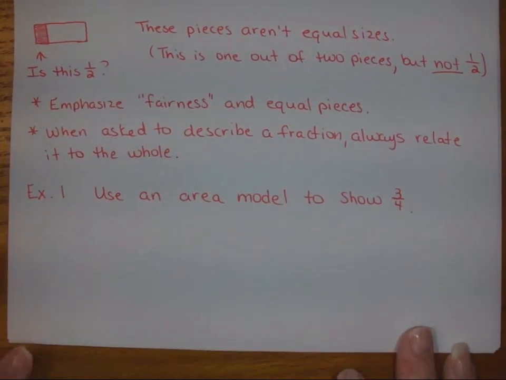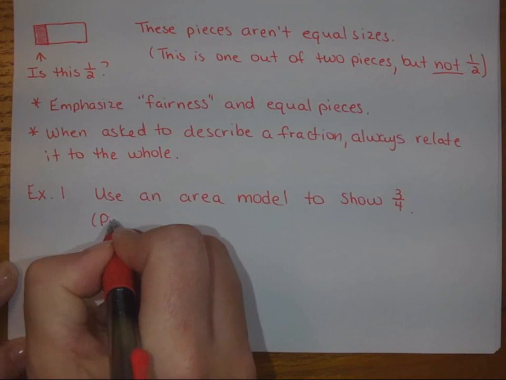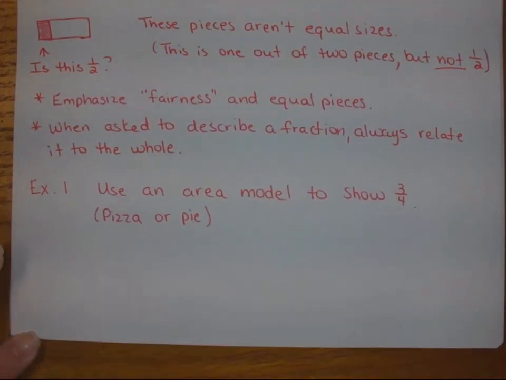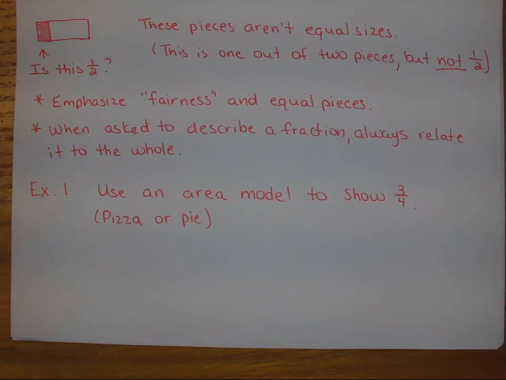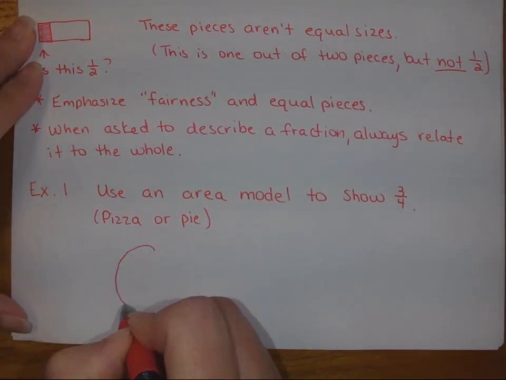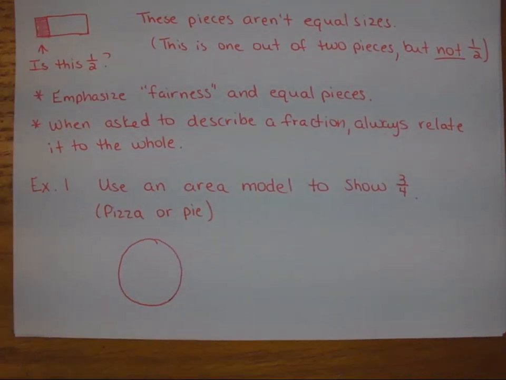So we're going to use an area model from one of our lists up above. So let's just use like pizza or a pie. A lot of times we are more visual learners, our students are as well. So if I told you to show 3/4 of a pizza or a pie, we would need to have a circle. Okay, that's not the best circle in the world, but it'll do, right?